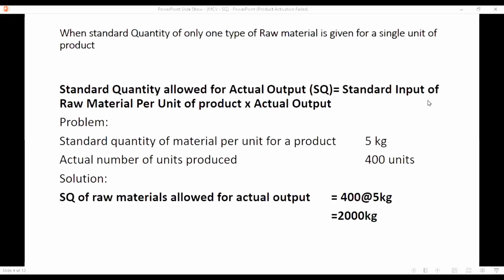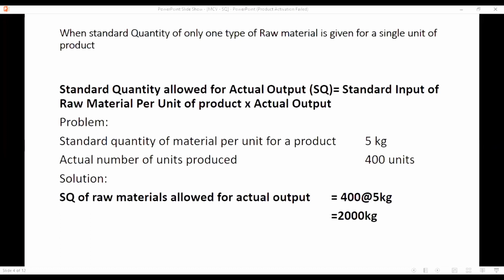Here standard input of raw material per unit of product is 5 kg and actual output was 400 units. So standard quantity of raw materials allowed for actual output is 2000 kg. This is done when standard input of raw material per unit of product is given.